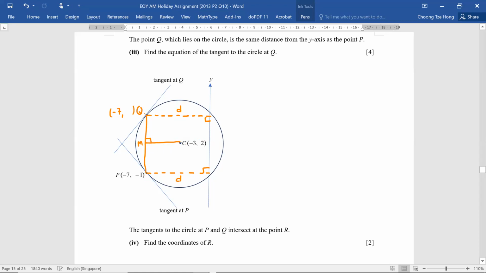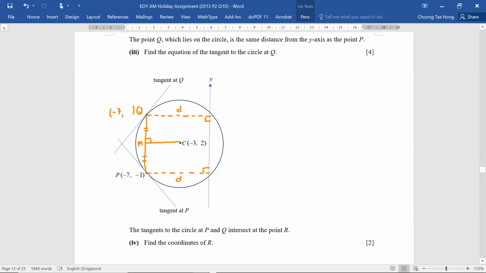What can you say about QM and PM? If you recall, there's this property that you learned in E-math called perpendicular from center will bisect the chord. So this PQ is actually a chord, so it will bisect it, meaning this length is going to be equal to this length, right? Let me ask you, what is the length of PM?